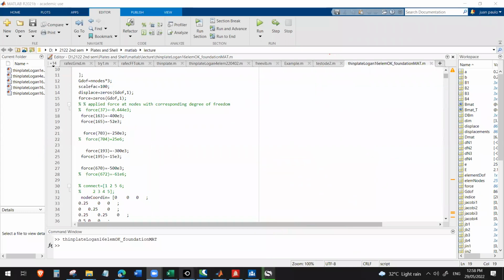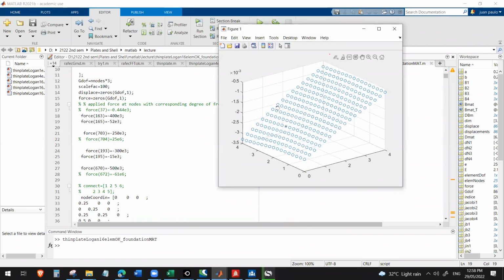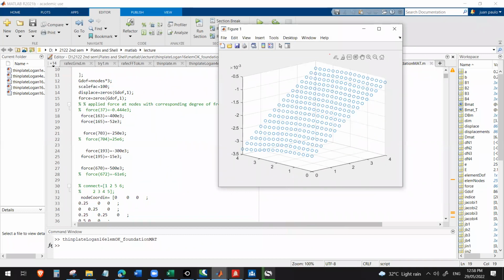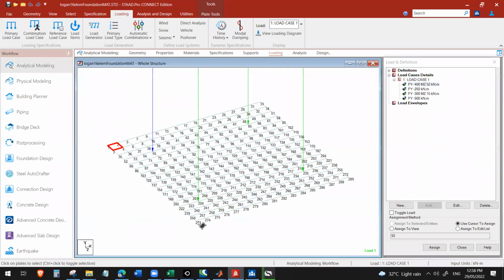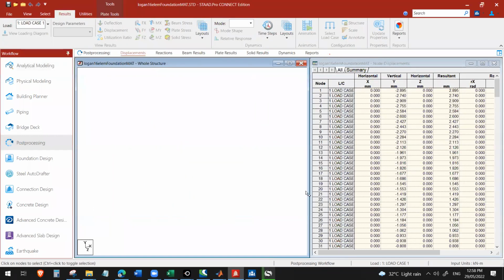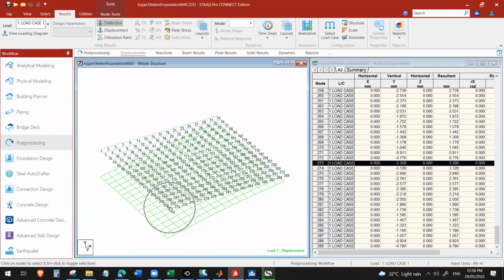Okay, so this is the deformation, no? So let's check. So ito nga ulit yung maximum displacement natin. So what's the maximum displacement? 3.3. Node 273. So using the formula 273 times 3 minus 2.